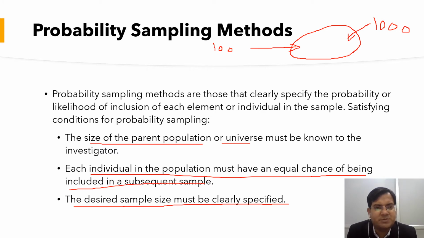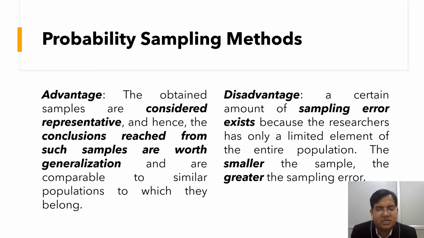So sample size must be clear, and there are advantages and disadvantages of probability sampling as well. The basic advantage is that it is considered representative. All types of probability sampling, in comparison to non-probability sampling, are considered representative sampling, because we give equal chance to each individual to come under the sample.